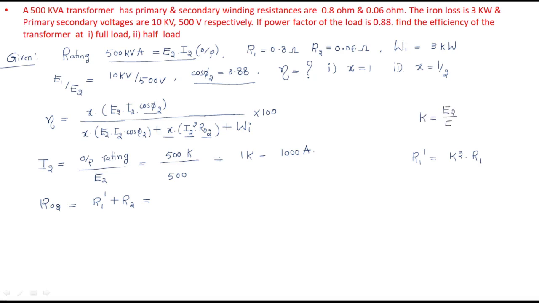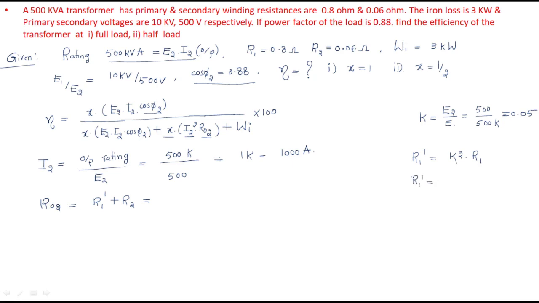E2 is 500. E1 is 500k. Then finally we will get this value as 0.005. Then we will find out R1 dash.